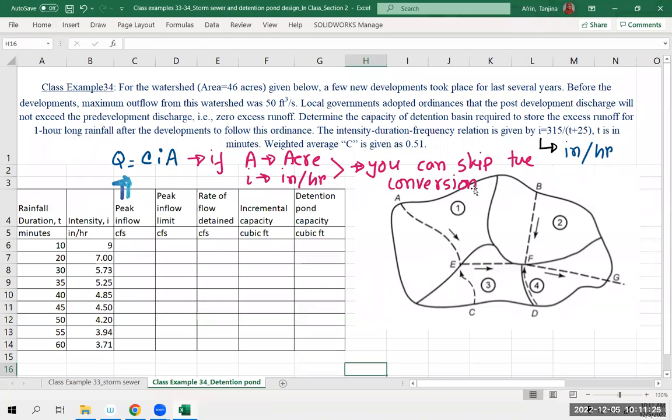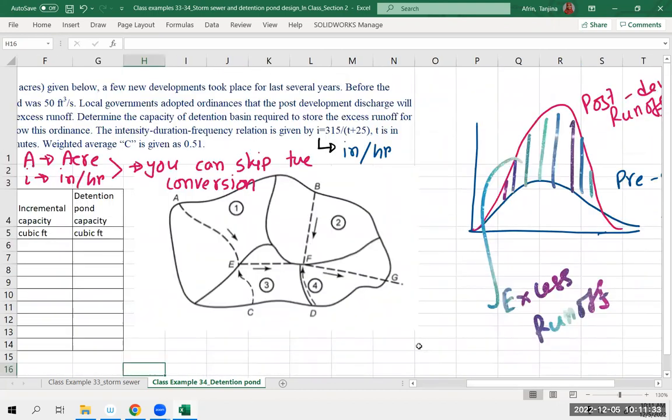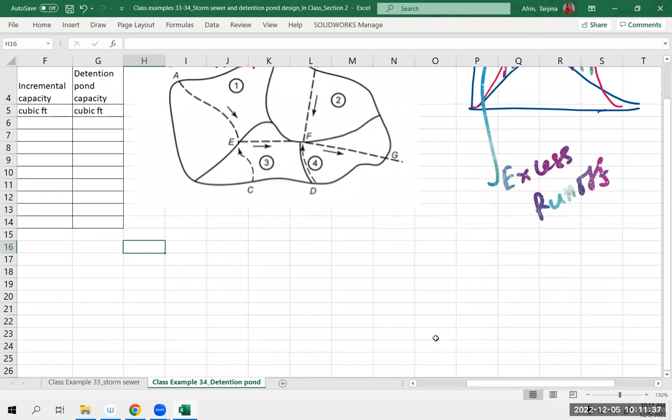Now, why is that? Let's check that. What is the conversion factor for 1 acre to feet square?